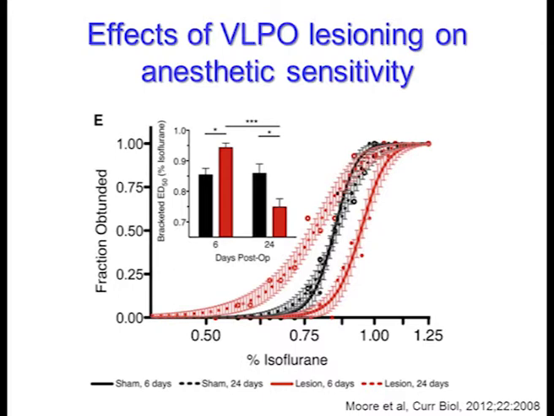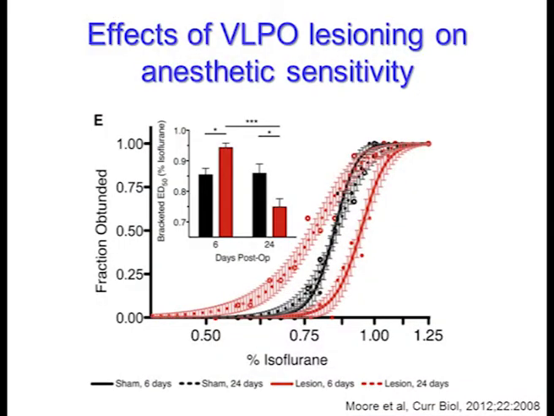So that means there's a relative resistance to the effects of isoflurane, and you need to use more isoflurane to get the same fraction of animals obtunded. So by losing the VLPO, the animals have become resistant to the effects of isoflurane, which suggests that the VLPO is important in mediating the effects of isoflurane.